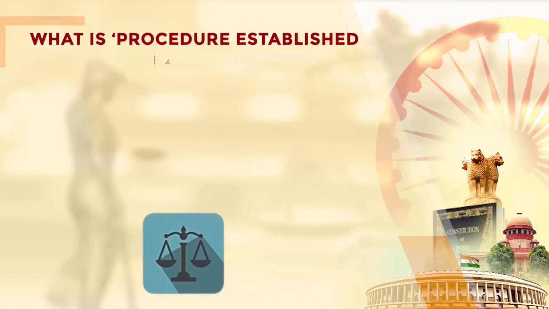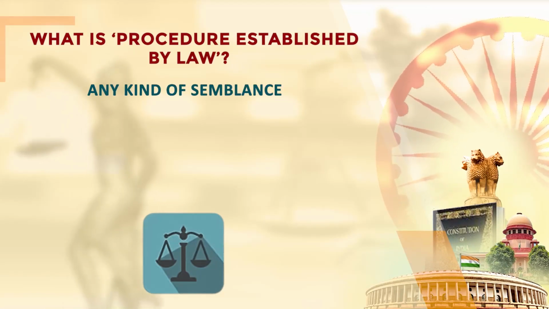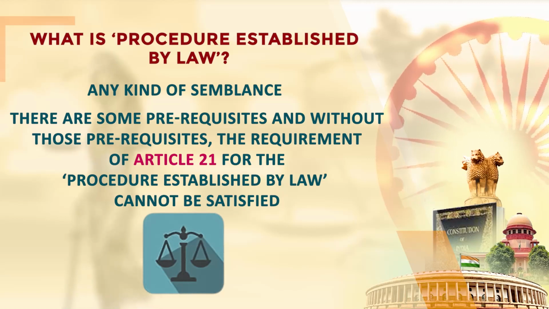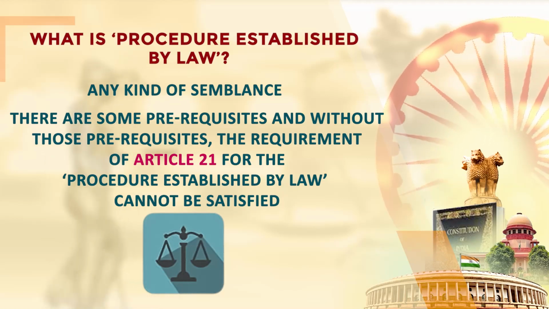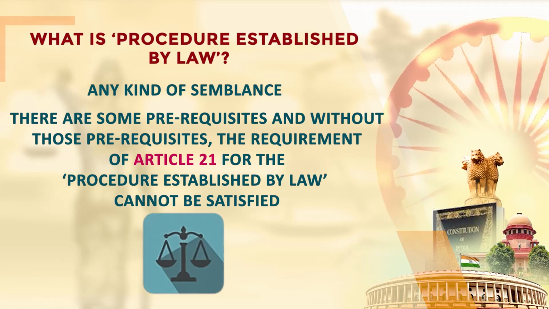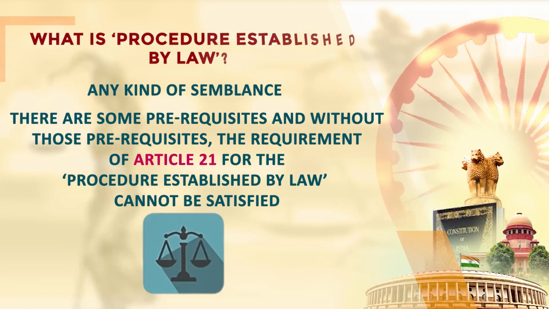The second fundamental question lies with this: what is procedure established by law? Does it mean any kind of semblance, or are there some prerequisites, and without those prerequisites, the requirement of Article 21, that is procedure established by law, cannot be satisfied?